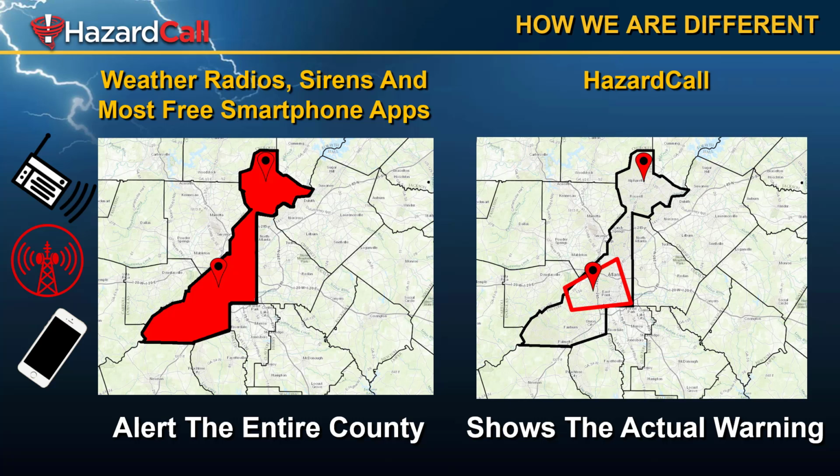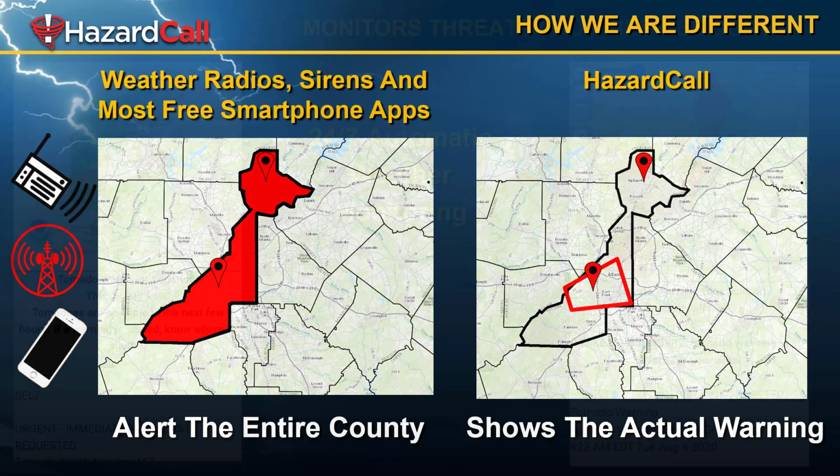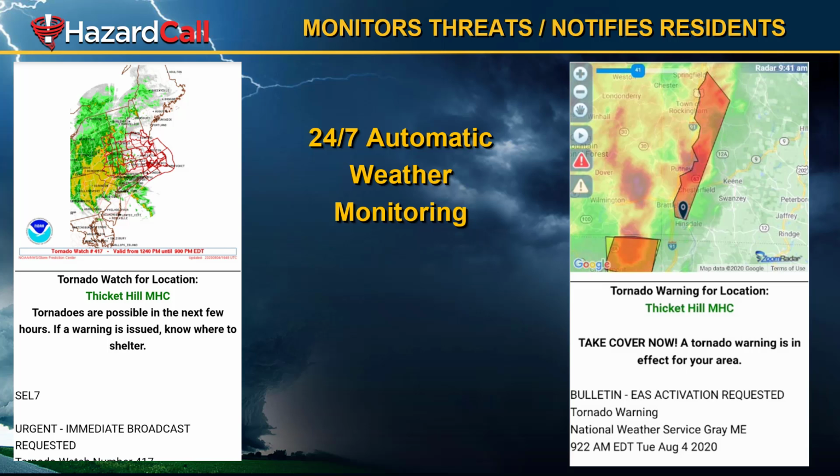So if you're at the top pin drop, you really wouldn't care about a threat at the bottom pin drop location. With HazardCall, we only alert for threats that are coming to your exact community's location. When we do that, we'll send a text and an email with a visual so that you can understand what the threat is.